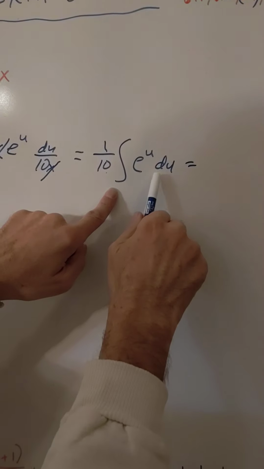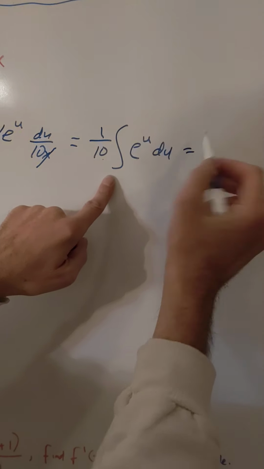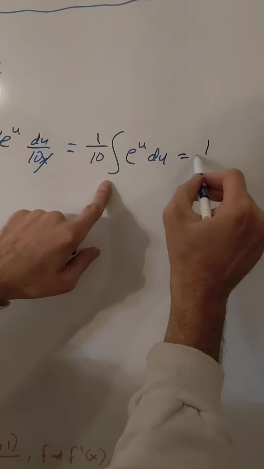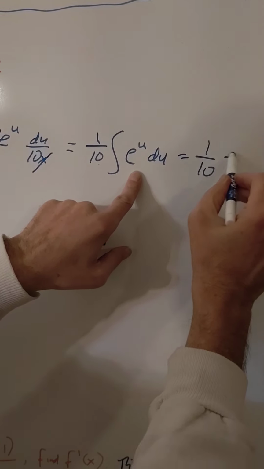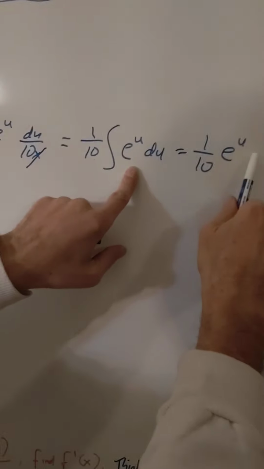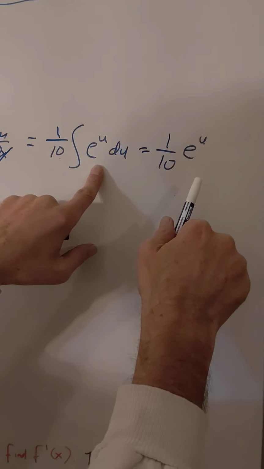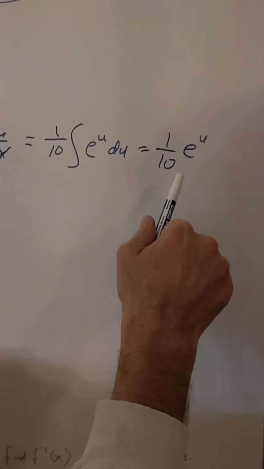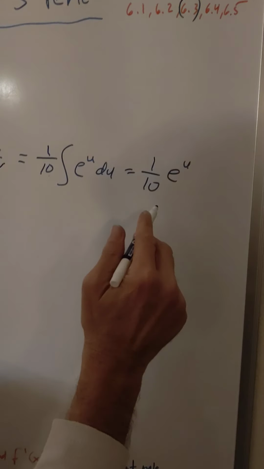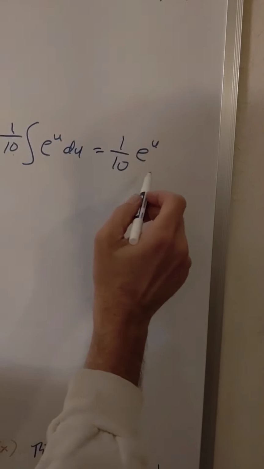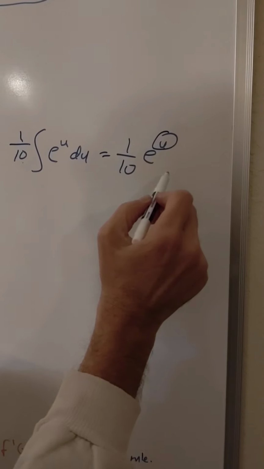So we know the integral of e to the u is just e to the u plus some c. So this is going to be 1/10, and let's do this integral. The integral of e to the u is just e to the u. I'm not going to worry about plus c because ultimately we're doing a definite integral with those limits of integration, 0 to 1. So now what am I going to do next? Replace that u.